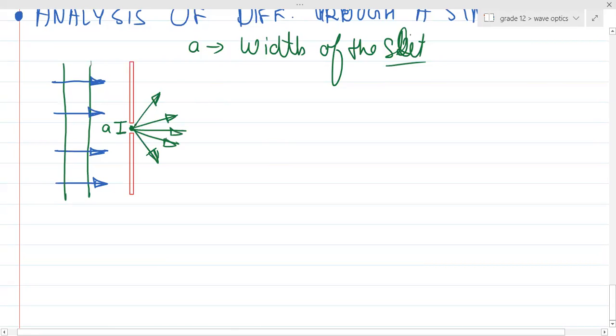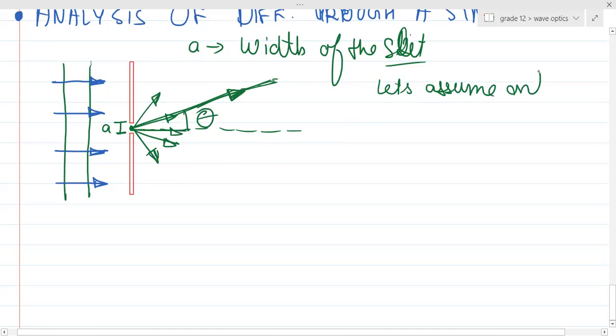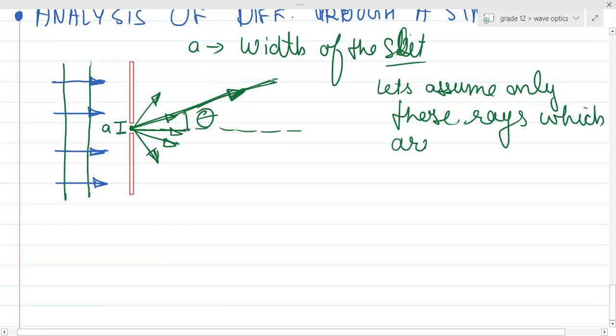So let us assume only that ray, which is at an angle theta with the horizontal.